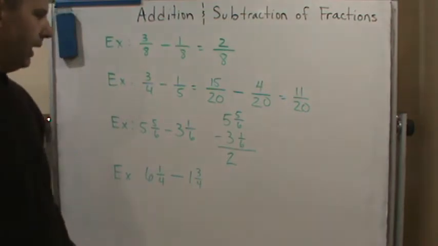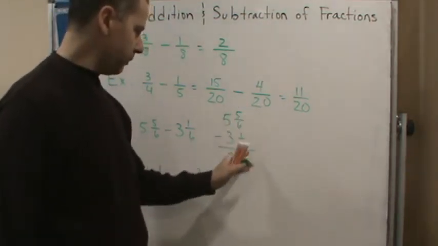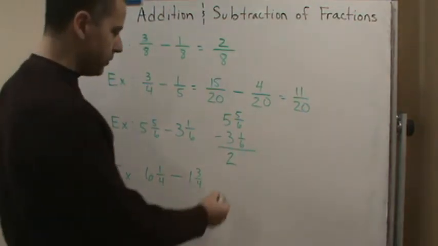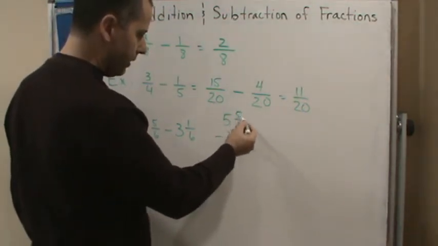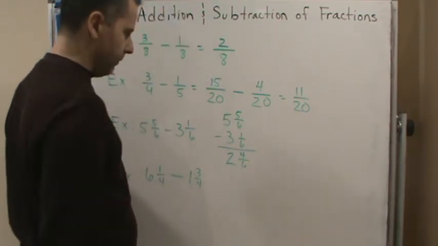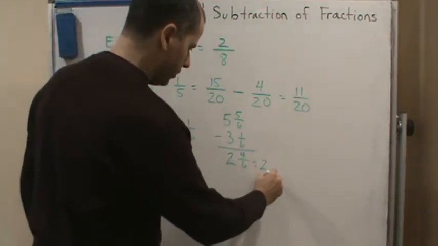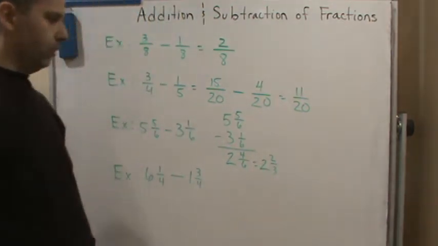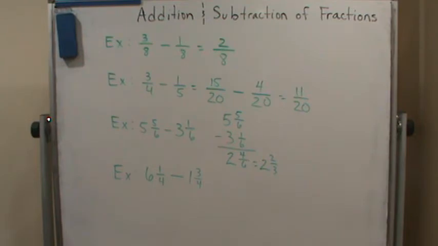That gives me 2. And then I'm going to subtract the fractional part. Now the fractional parts here are like fractions. So I'm just going to subtract the numerators and keep the denominator. And so this becomes 2 and 2/3, right? Always remember to reduce to lowest terms.